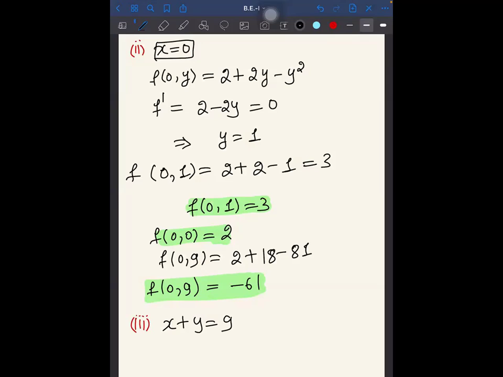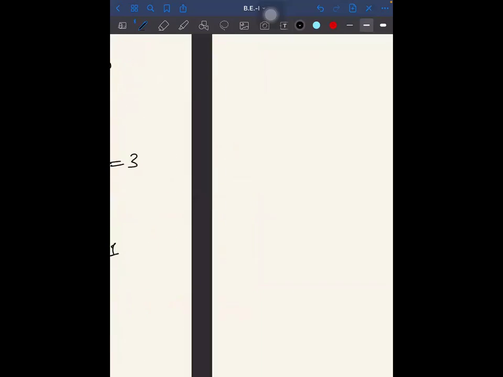So that means your y and x have a sort of connection. Your y will always be 9 minus x. That means your ordinate will always be equal to 9 minus the abscissa, right? So this rule will be put over here.